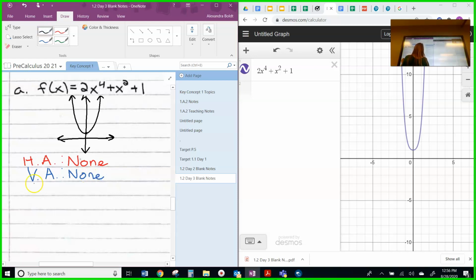And end behavior, it does have. So I want to know what's happening on the left as my graph goes to the far left and my graph goes to the far right.